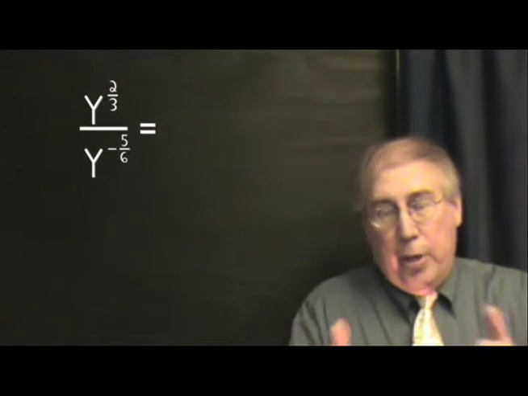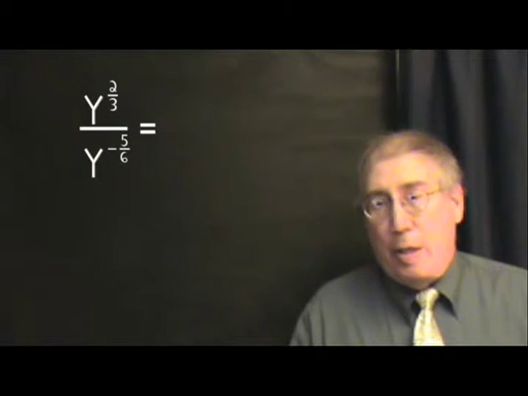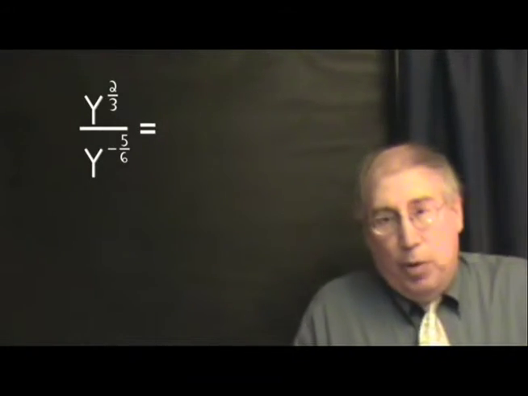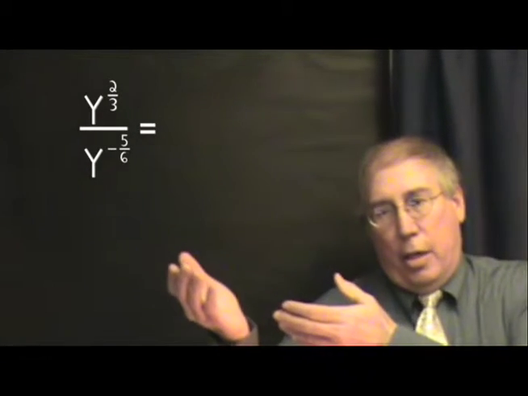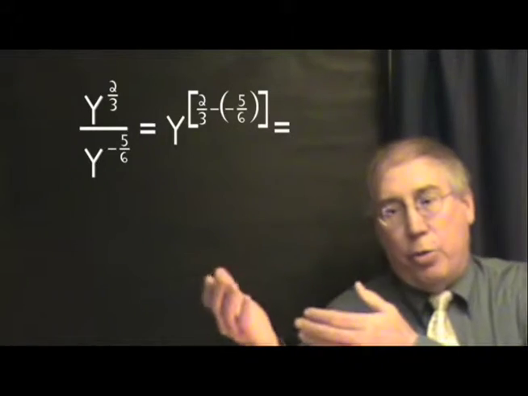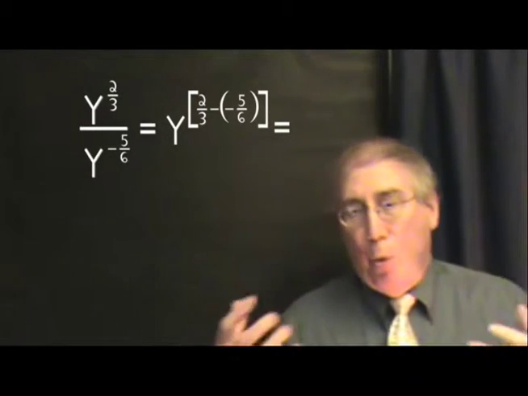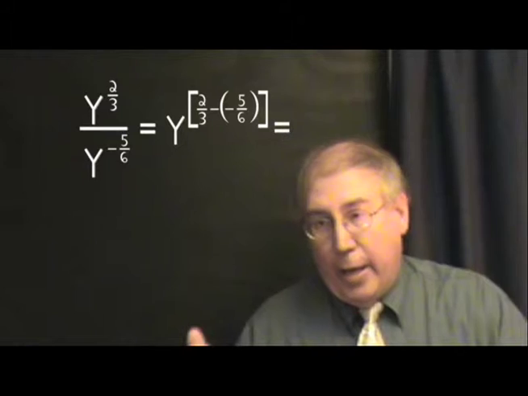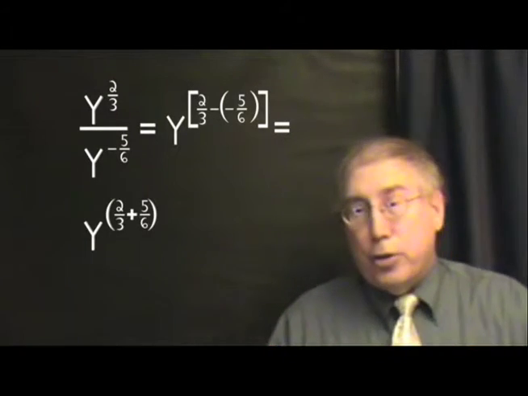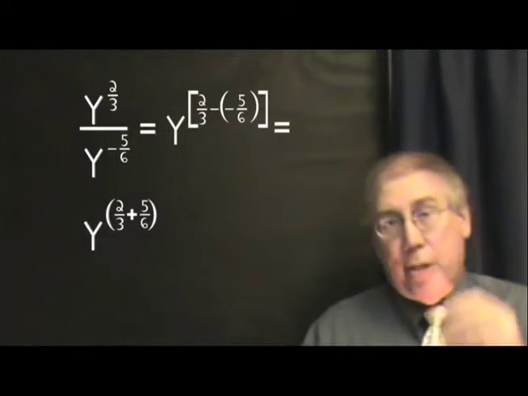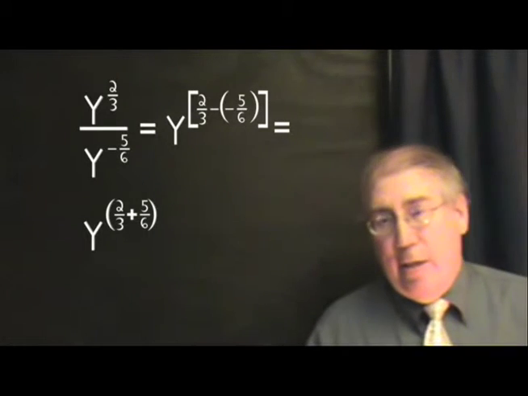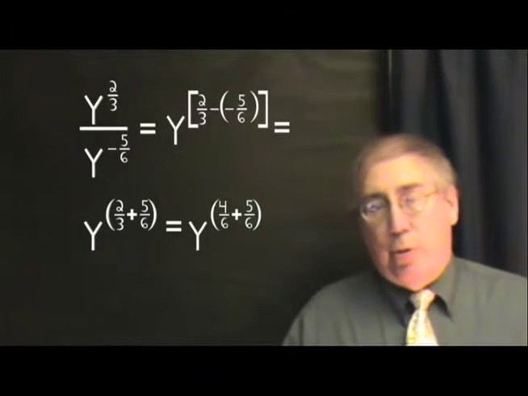Again, here we have a situation with a negative exponent in the denominator. If we move that to the numerator, we can change that to a positive 5/6 and then multiply that times y to the 2/3, and so we get a situation where we're adding exponents again. So we get y to the 2/3 plus 5/6.